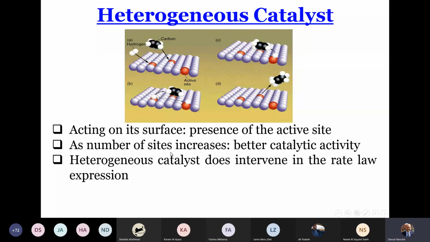As the number of the active sites increases, we have better catalytic activity, and the heterogeneous catalyst does not intervene in the rate law expression. This is a very important note about heterogeneous catalysts. They do not appear in the rate law expression, since the heterogeneous catalyst is a host and does not interact as a real reactant.